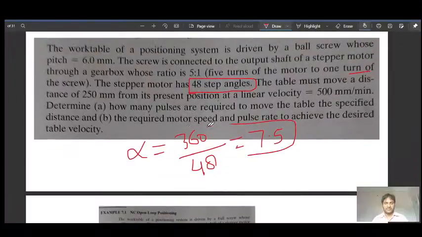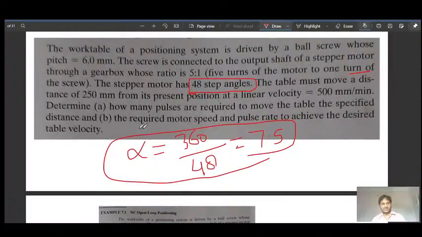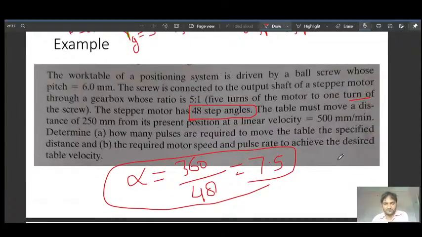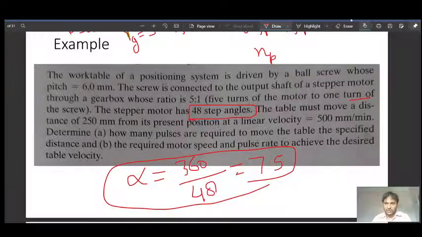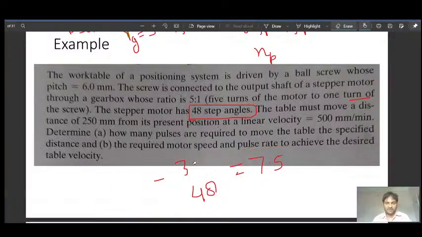So this one is our step angle, and it tells us how many pulses, the NP value, are required to move the table to the X position. We have got the alpha value as 7.5.